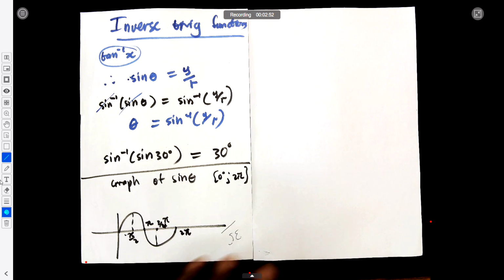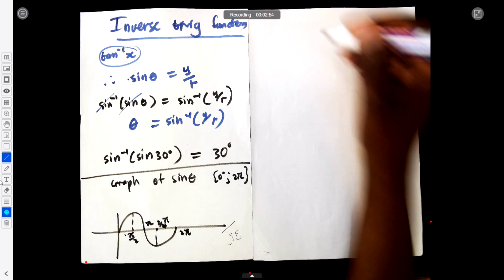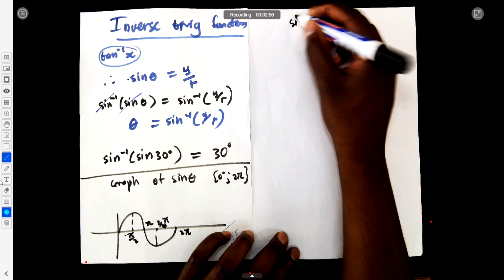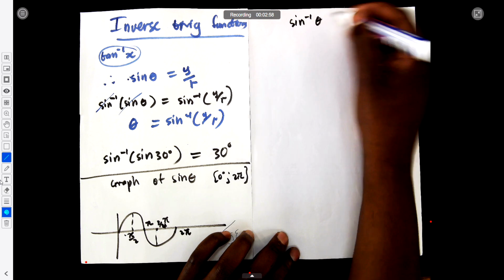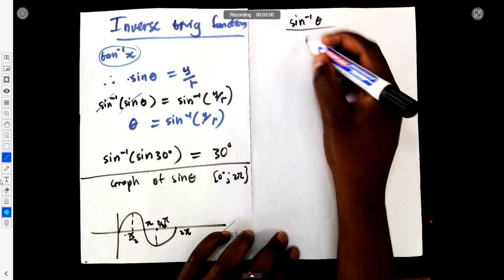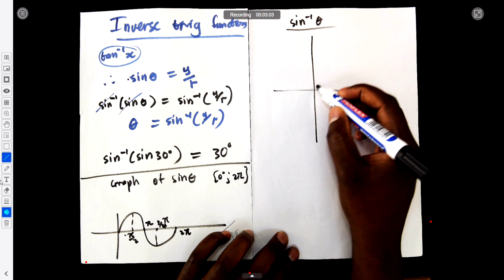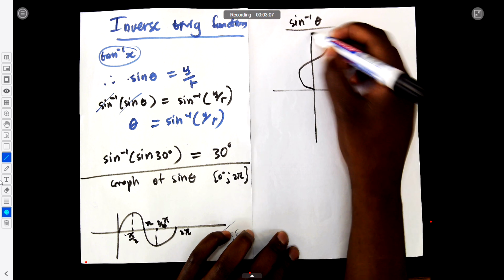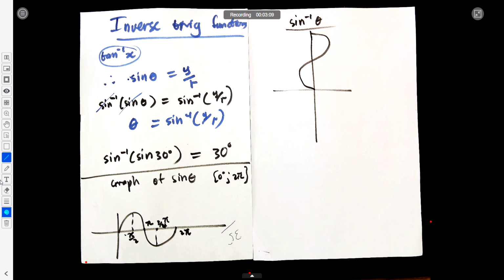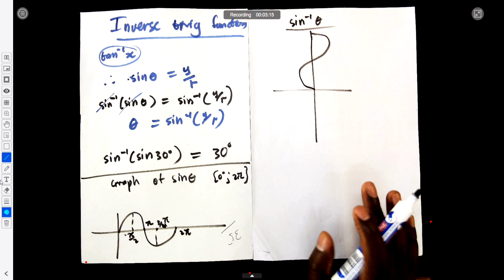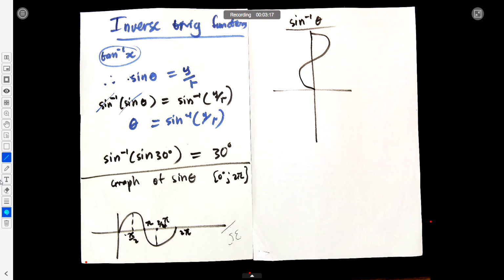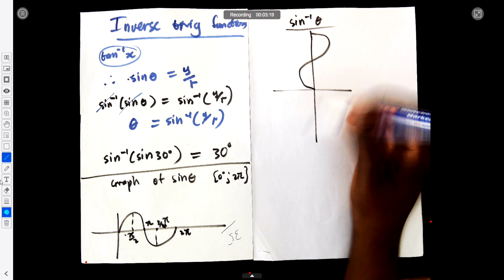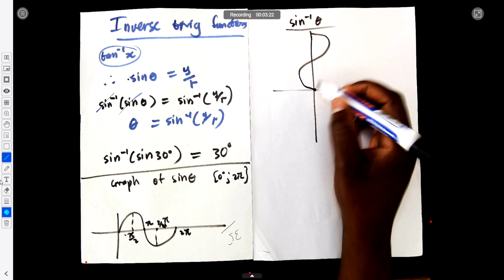So the inverse, arcsine theta, given the same domain, the graph is an inverse. It's going to do the amplitude vertically up. Given the domain, it is now the range, let's say from 0 to 2 pi.